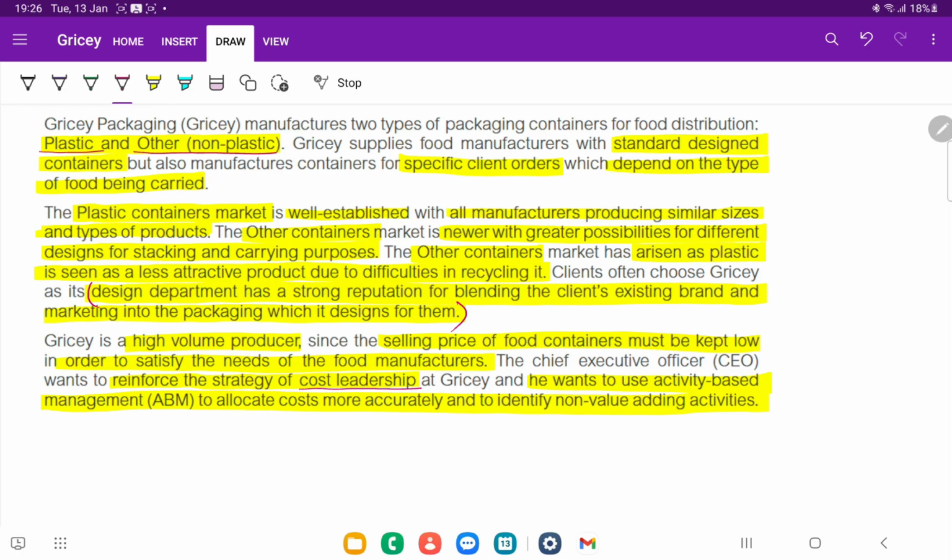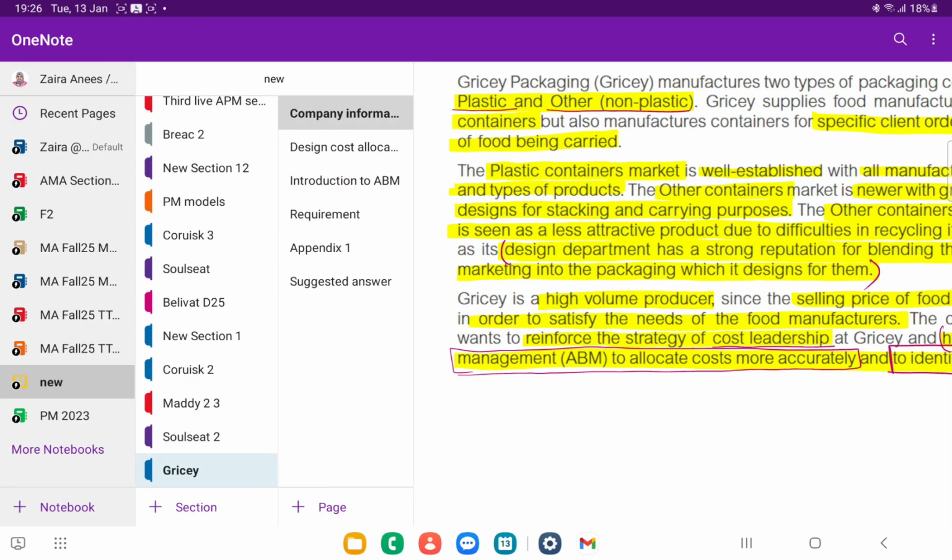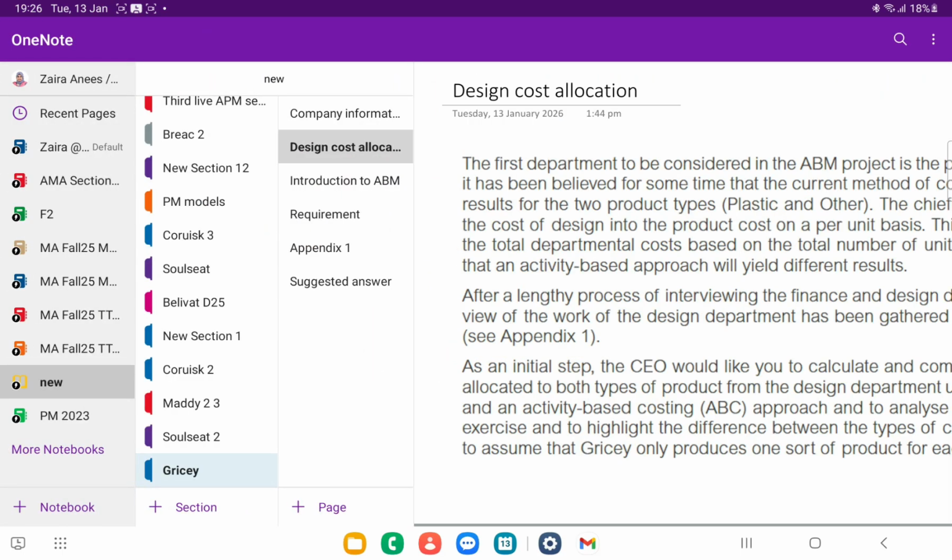So these are two things which your CEO really wants to do. First, he wants to use activity based management to allocate cost more accurately. This is his first objective, right? Activity based costing for this one. And the second one is to identify non-value adding activities. So these two things are something which your CEO wants to do, right?